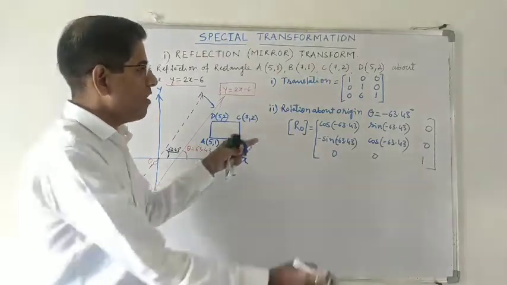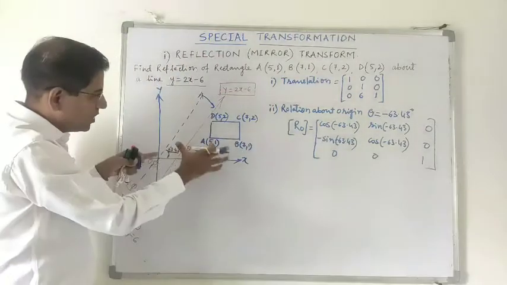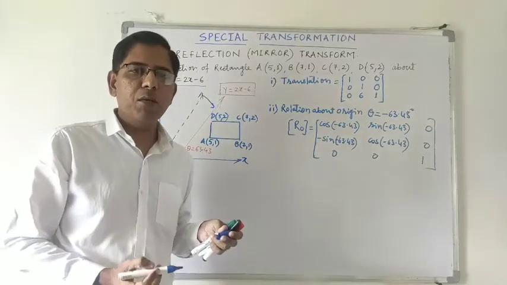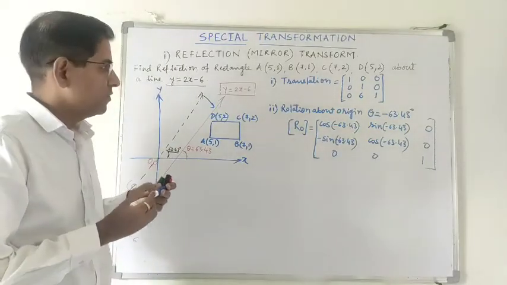After this rotation, the line is coinciding with the x-axis. Now you can take the reflection about x-axis matrix.